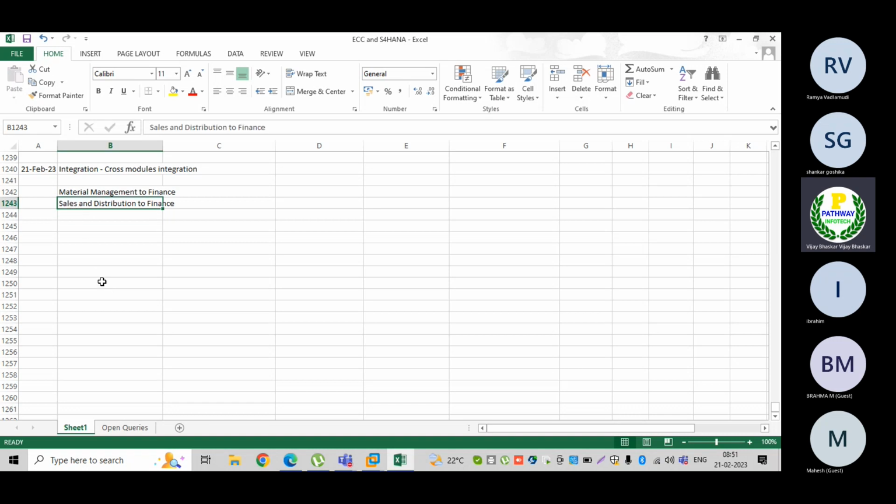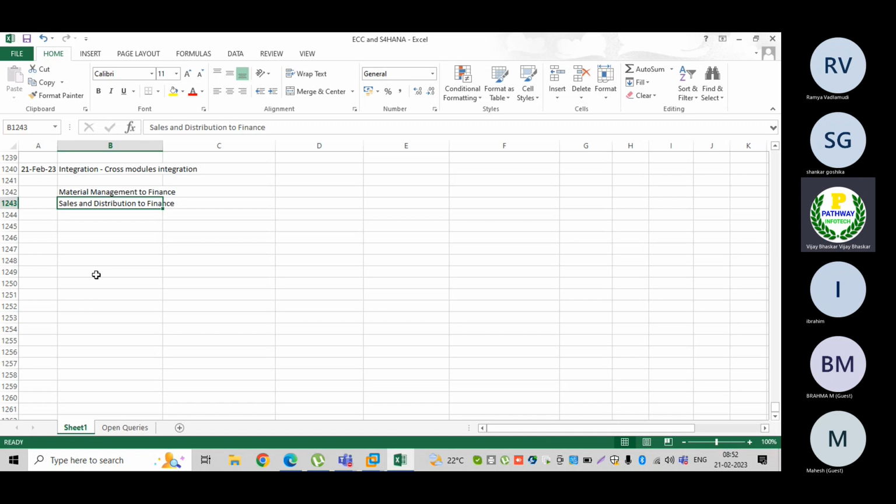For SD also, sales order creation, goods delivery and billing will be done by the SD people. Only wherever the financial transactions have impact does the finance team come into the picture. Otherwise each and every module has a separate consultant. You don't need to worry about that.